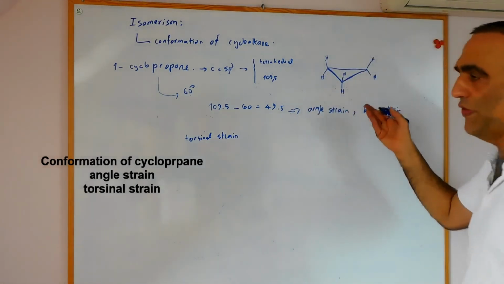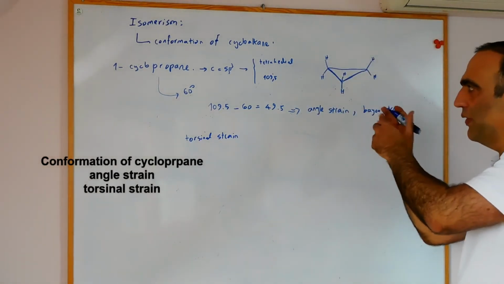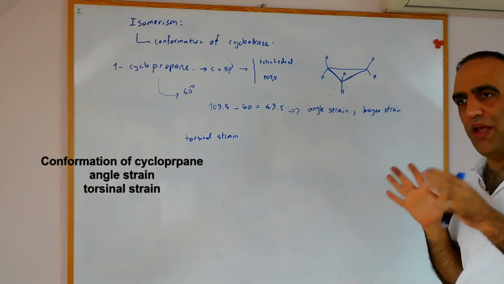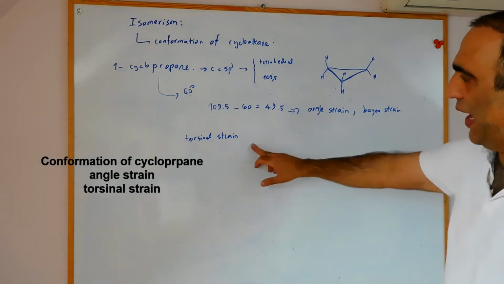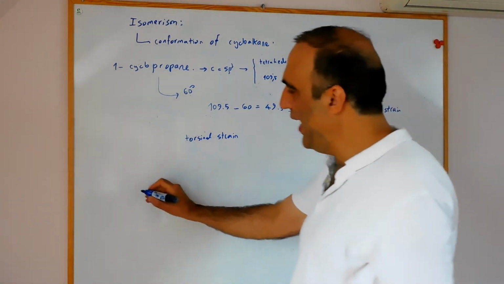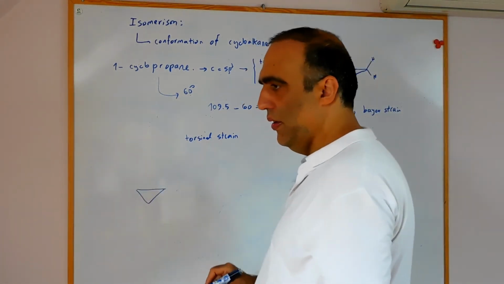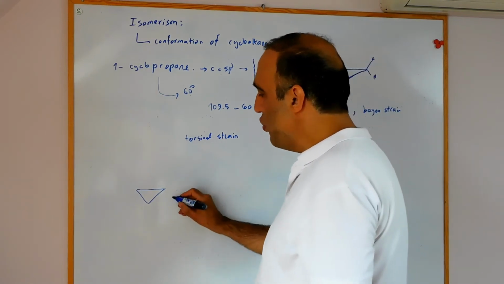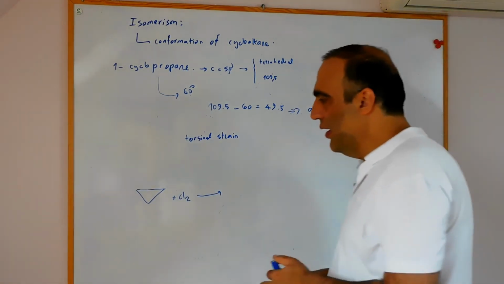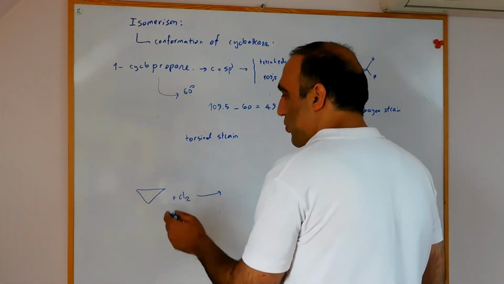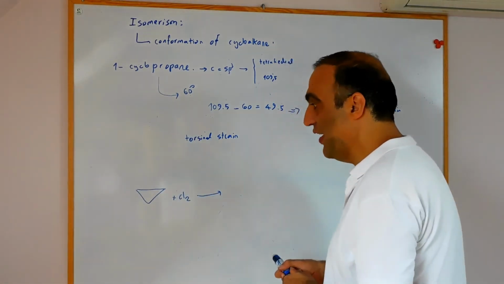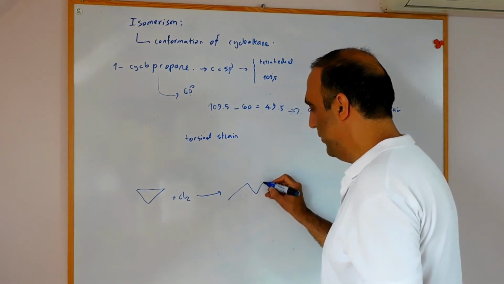Because of the situation of the compound, all are eclipsed and higher energy, and because of this, it has torsional strain. It's a very unstable compound. For example, if cyclopropane reacts with halogens, as you know, we will study later, cycloalkane has a radical substitution with the halogens, but here ring opening can happen. Ring opening can happen really easily.